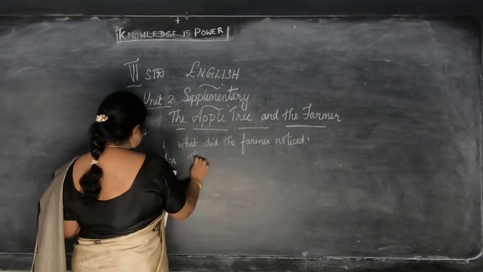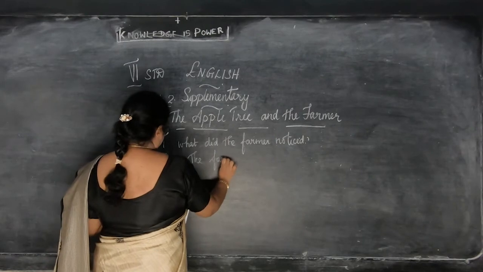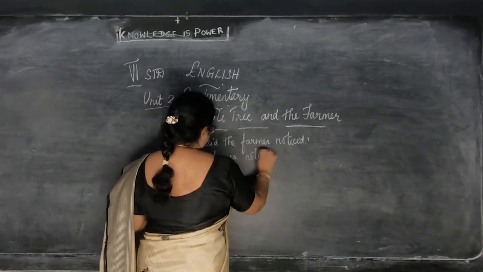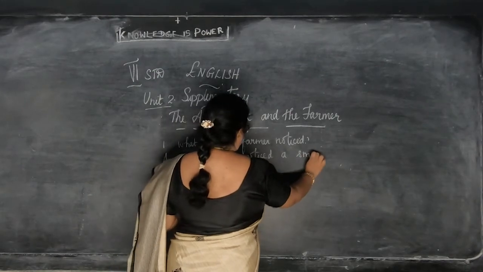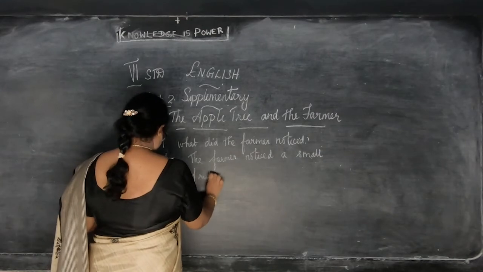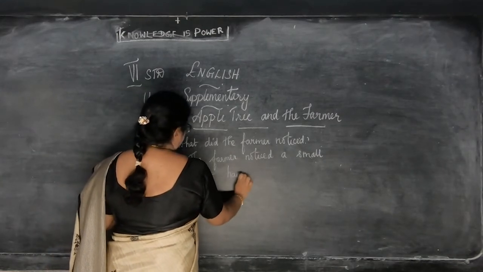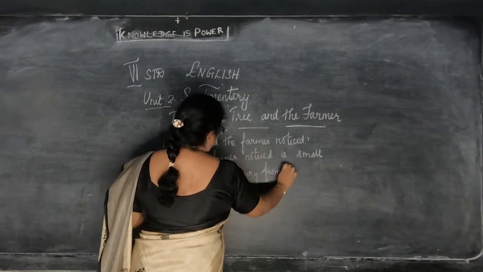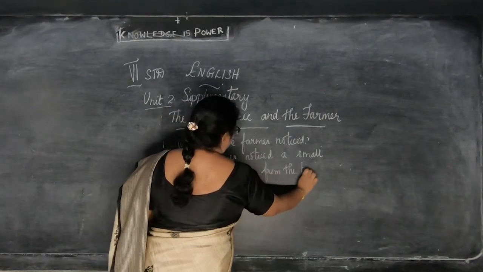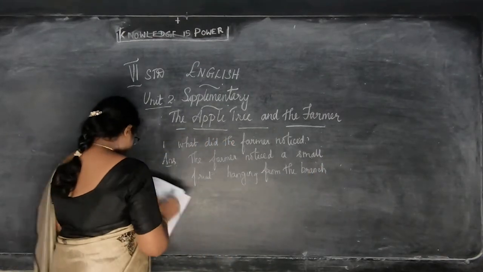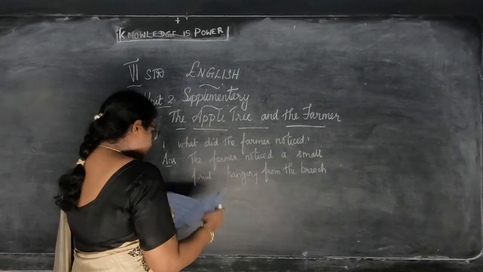So the farmer noticed a small fruit hanging from the branch. Okay children.